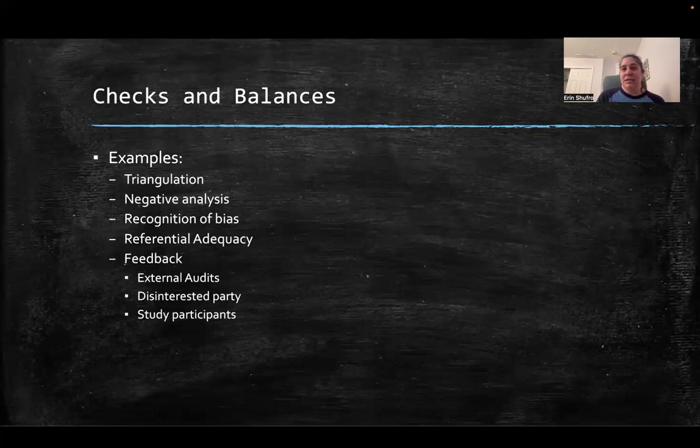Negative analysis. That is the notion that the researcher is willing to look at alternative explanations. So they're not so focused on one theory or one explanation that they're unwilling to look at alternative explanations. They also need to be willing to admit or answer the question of whether or not all of their data fits with their theory. So again, we're talking about people, and people are unique and different.